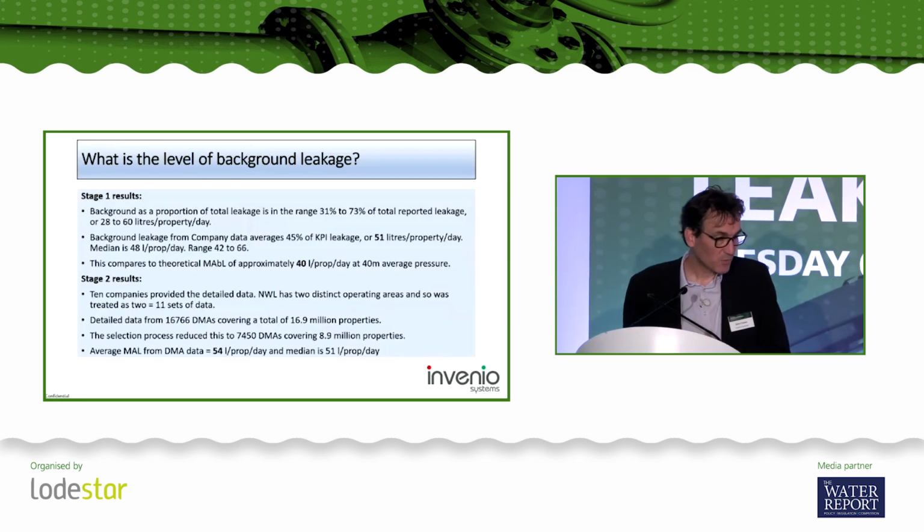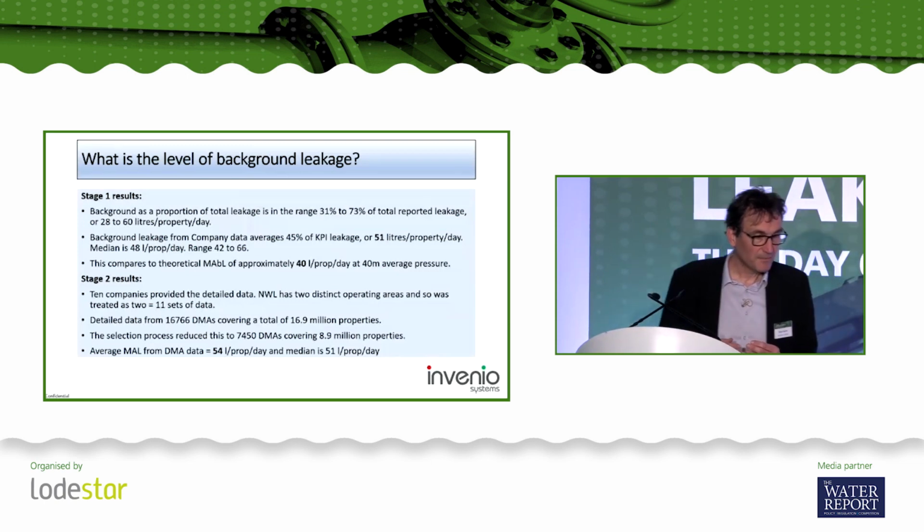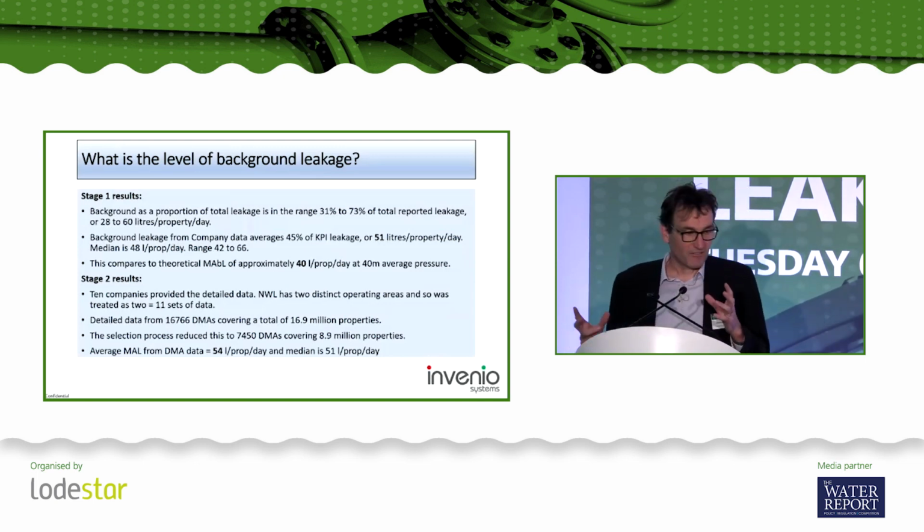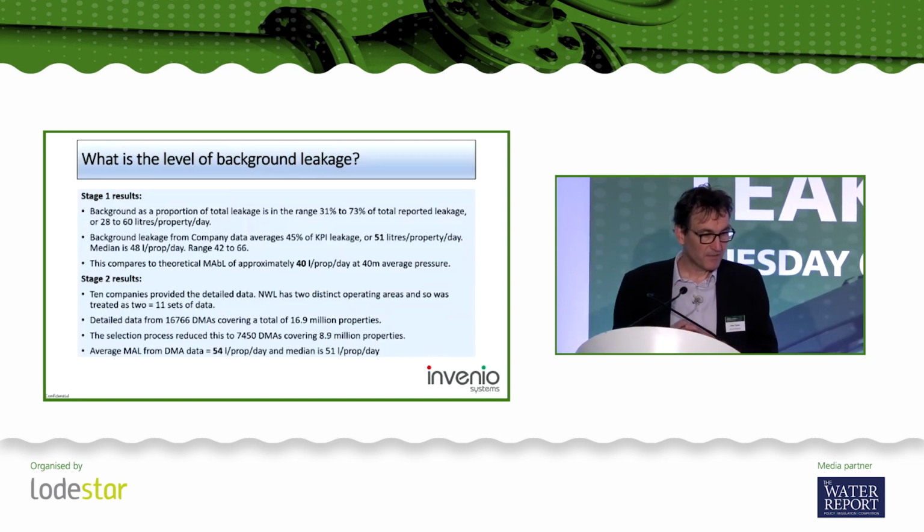So, stage 1 results. We had data from 11 companies, company level data, and it comes out with quite a range of what companies think their background leakage is, but background leakage in DMAs averages about 51 litres per property per day.